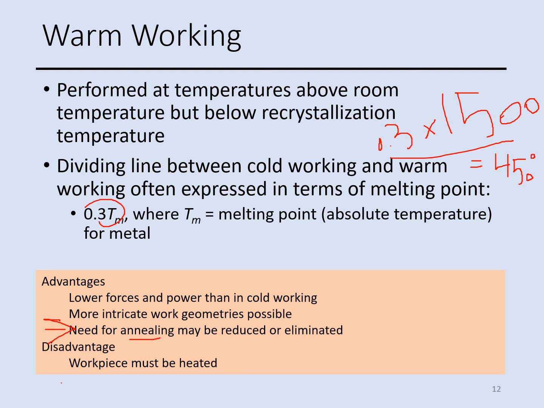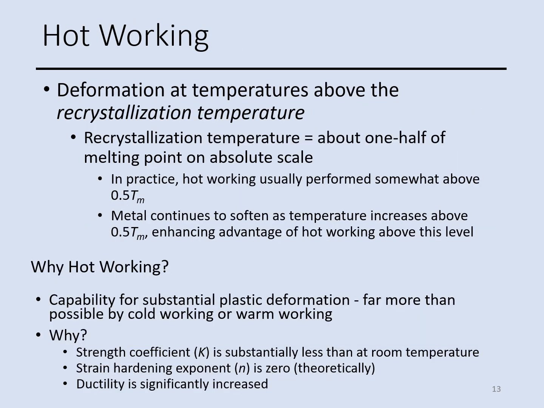The disadvantage of this process is that the workpiece must be heated. So you need an apparatus to heat up the part. So that is the limitation. The next process is the hot working process, and this one can be done at a temperature above the recrystallization temperature.